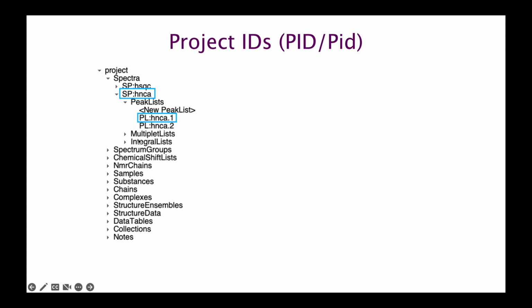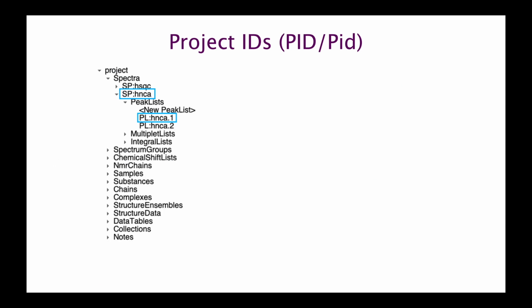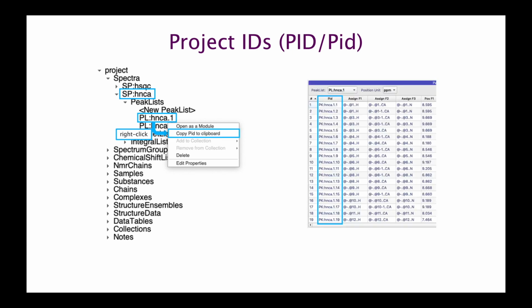And in the tutorial we actually provide you with a list, so each different data type of object has a different shortcode, which hopefully is relatively intuitive. Now these project IDs are a really easy way to get hold of objects so that you can then do things with them, and the tutorial will also show you it's really easy to get a hold of them. So in the sidebar, for instance, you can right click on one and then copy PID to clipboard.